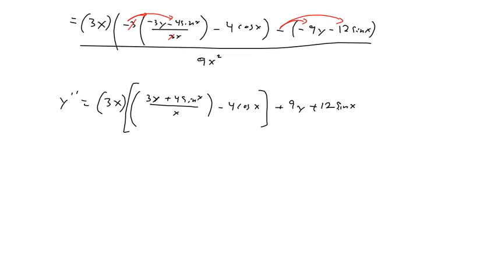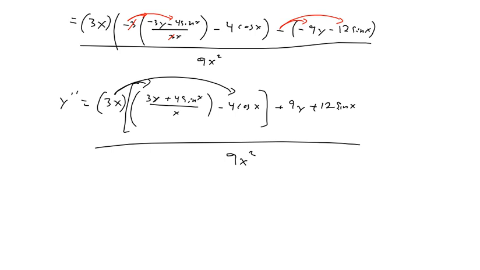And now I want to distribute this 3x as well. What if I did this over 9x squared? Distribute that 3x. So 3x times 3y plus 4 sine x minus 12x cosine x, this is over x, plus 9y plus 12 sine x, over 9x squared.